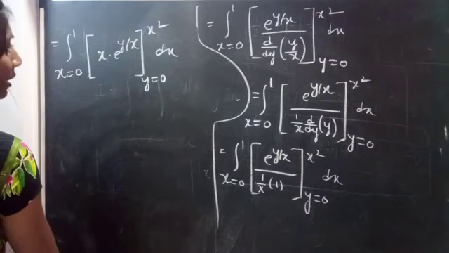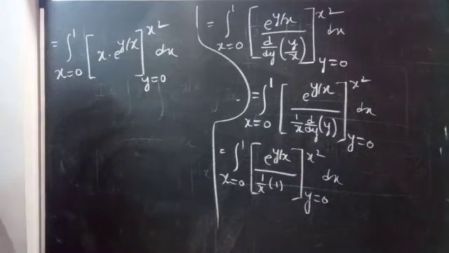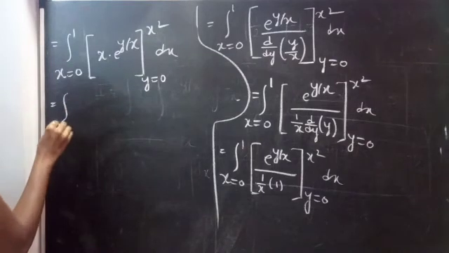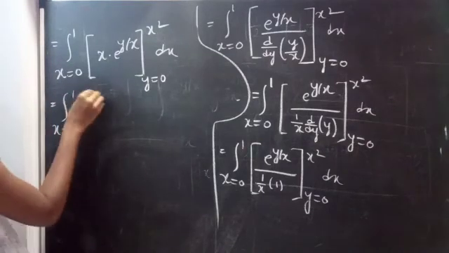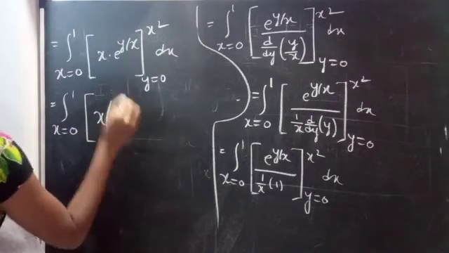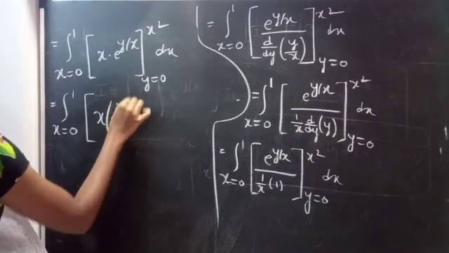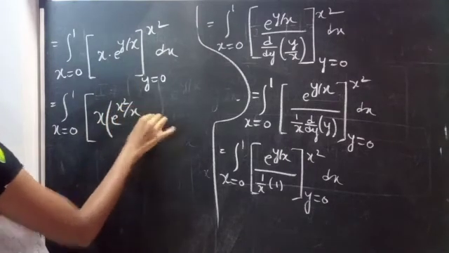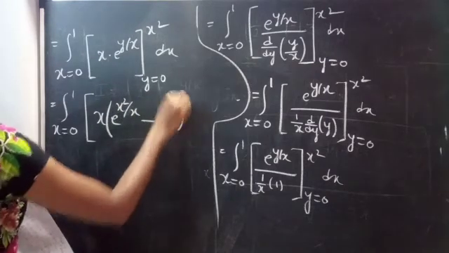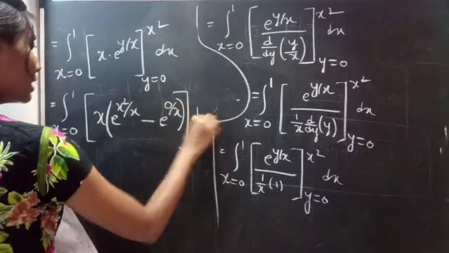So now apply the limits for y equals 0 to x square. This equals the integral x equals 0 to 1 of x into e power x square by x minus e power 0 by x, dx.